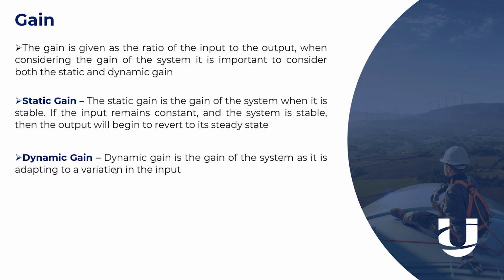So if we want to keep the system running at a certain speed, a certain temperature, a certain pressure, and there is some variance within the system, either resistance or something else, then we have to make sure that the system can change and adapt to the variations of the input. So this is where we may have an input which may slightly change, but we need to keep the output very much at a certain level.